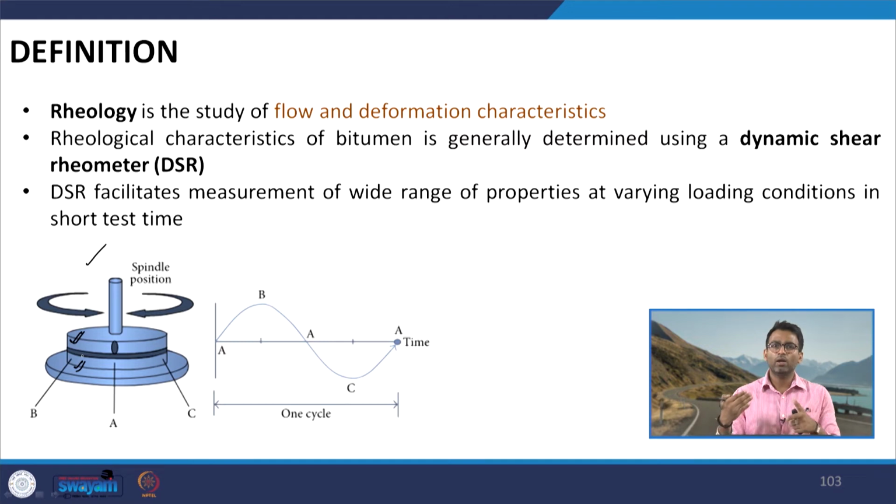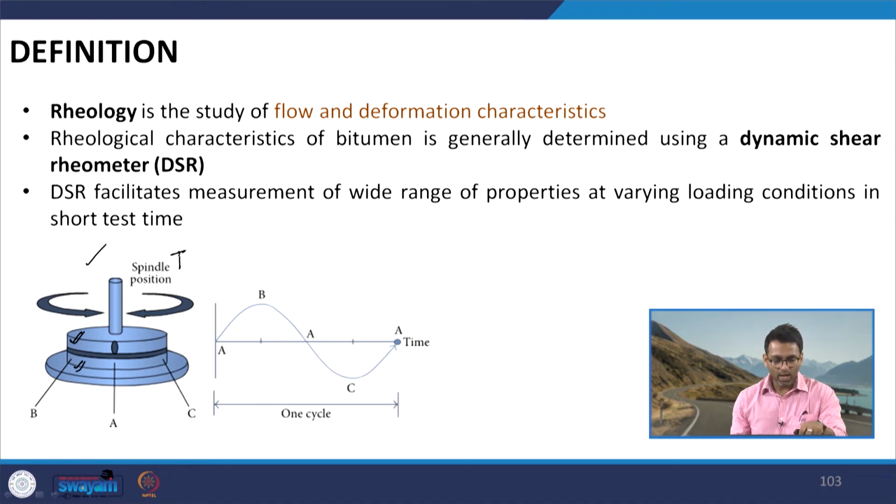So, we are trying to induce a loading condition similar to the field condition, and that is why an oscillatory load is generally applied, and then the response of the bitumen is observed. So, here when we apply the torque, we are applying a torque from the top plate, which is moving, and the bottom plate is fixed.